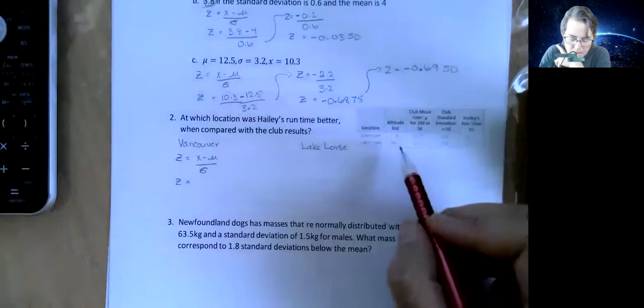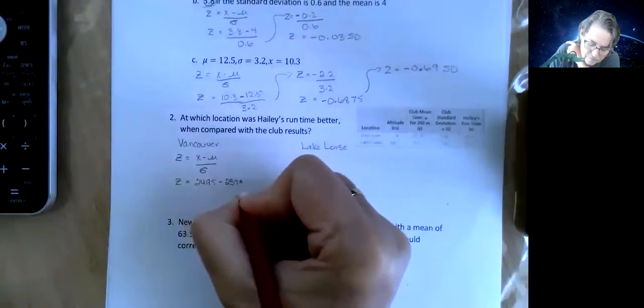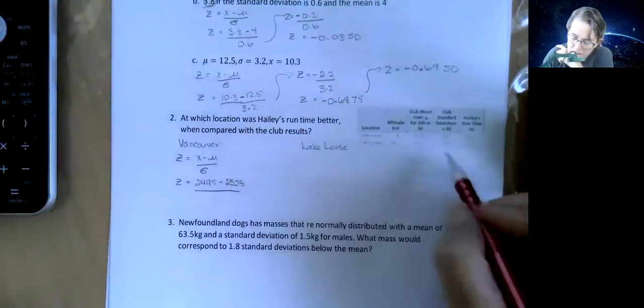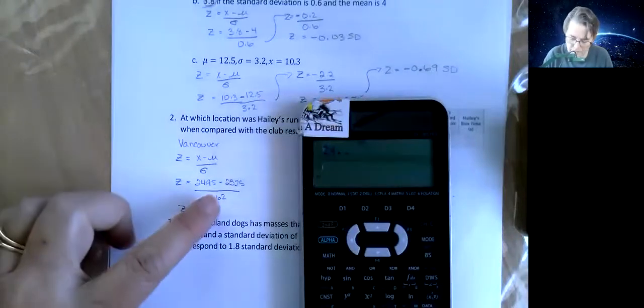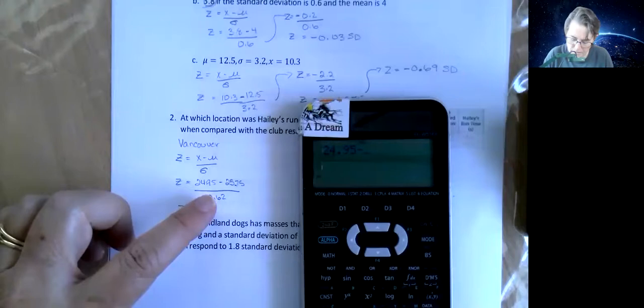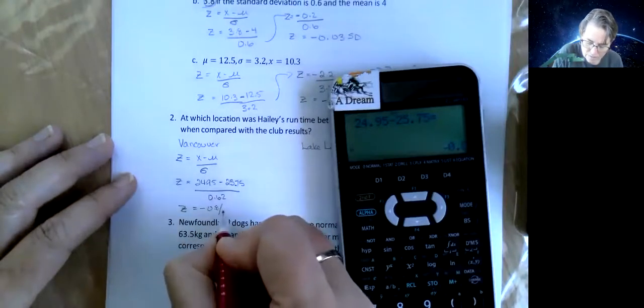All right, so Vancouver, her time was 24.95 minus the mean, so that would be the club's time, 25.75, over the standard deviation, 0.62. 24.95 minus 25.75 is negative 0.8 over 0.62.